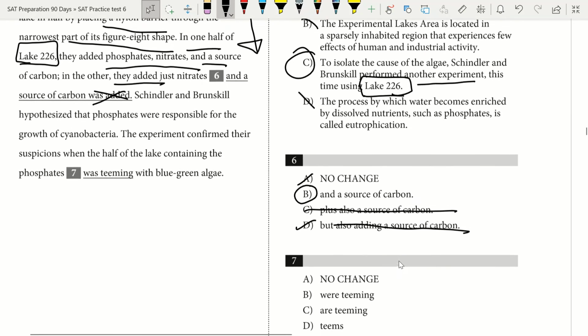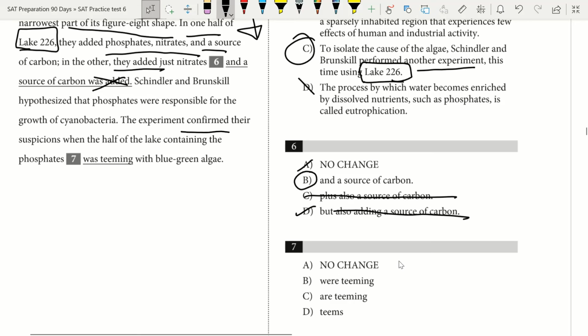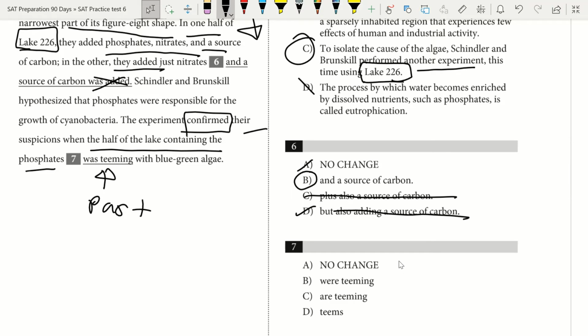We've already answered 6, so now we're down to 7. "The experiment confirmed," that's past tense, "their suspicions when the half of the lake containing phosphates was teeming," which is also past tense, so that's good. We're maintaining our tense there with "blue-green algae." Whenever I see the word was, have, had, or were, I'm probably looking at a tense question most of the time, especially when there's a verb after it.